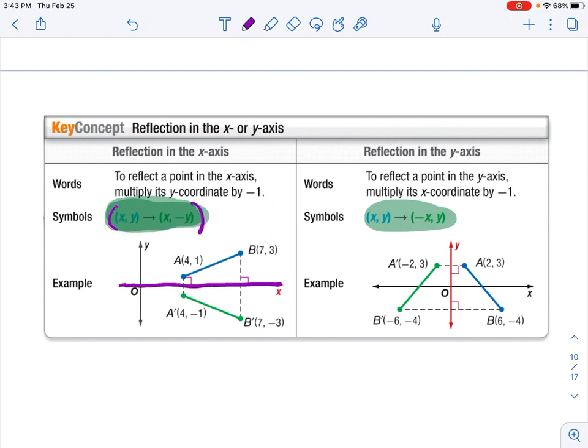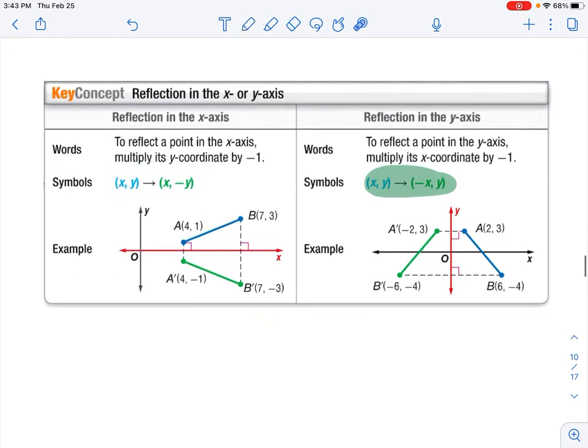Notice in our equation here, the x's stay the same for the pre-image and image. And the y's, though, from the pre-image to the image go to the opposite sign. So if you look here on this example, the pre-image x is 4, the image x is 4. The pre-image y is 1, the image's y is -1.